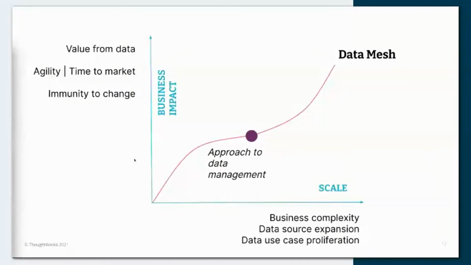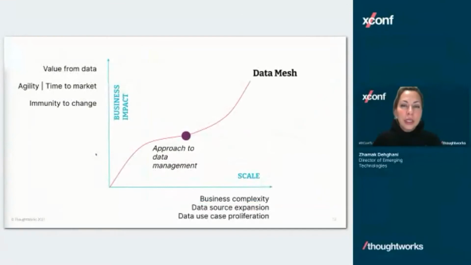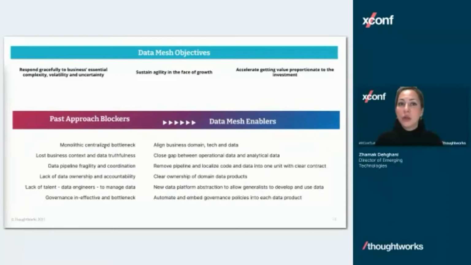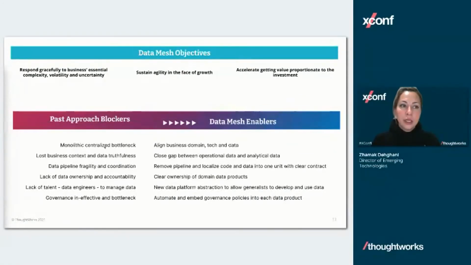So we needed to inverse the thinking and come up with a new model that embraces the complexity we're dealing with, yet gets value from data, is respectful of privacy, security and all of the policies, and lets us move fast. Data mesh objectives can be summarized as follows.